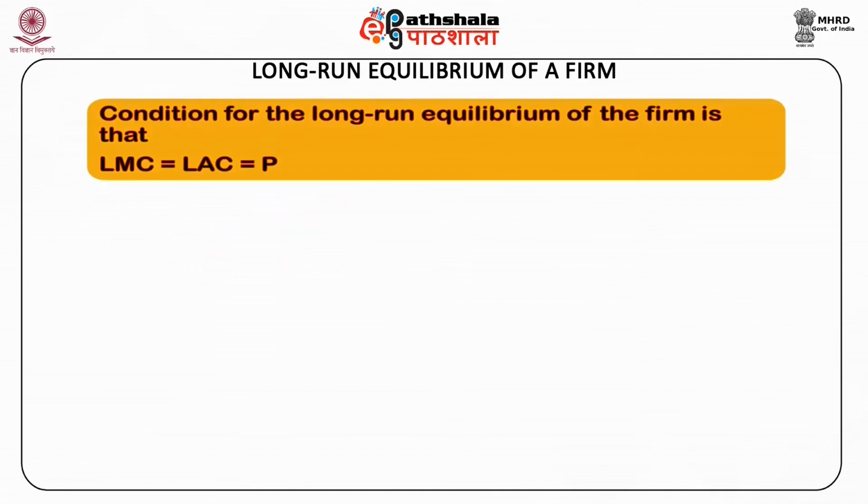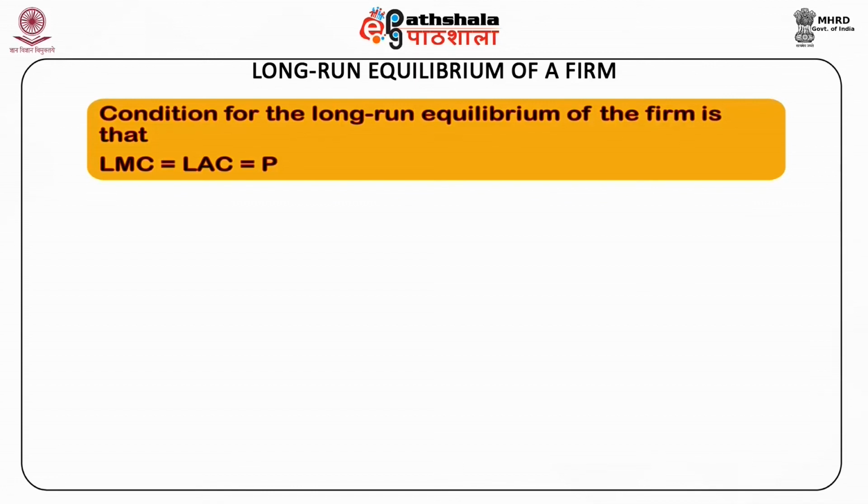Thus, the condition for the long run equilibrium of the firm is that the long run marginal cost should be equal to the price and also to the long run average cost. Thus, long run marginal cost equals long run average cost, which is equal to price.